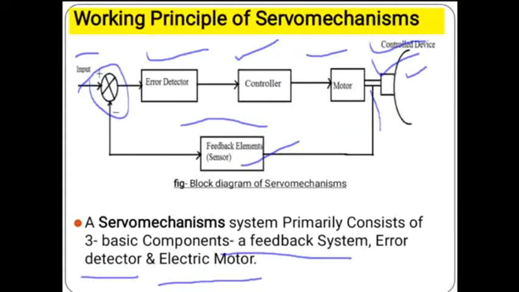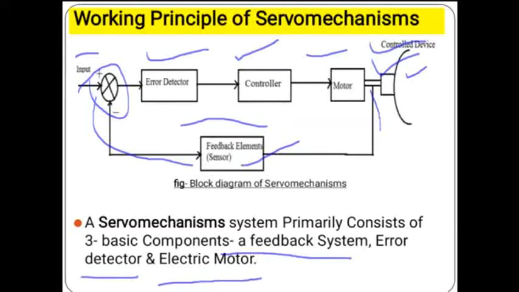From this shaft it can sense and give this signal to the comparator, and it compares the output signal and input signal. So there is a difference, and the error signal is generated.